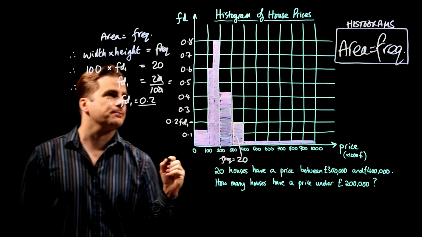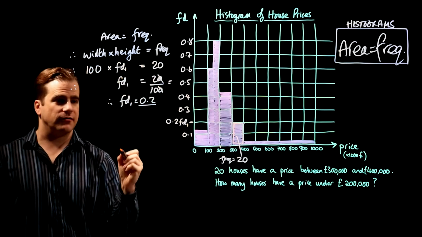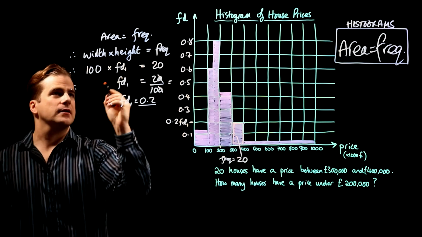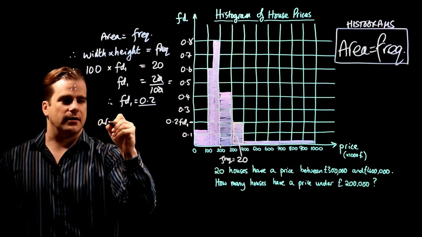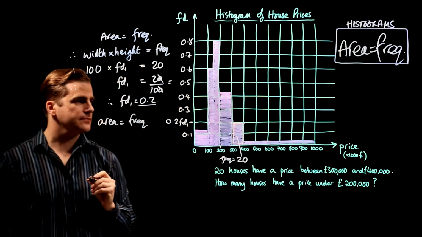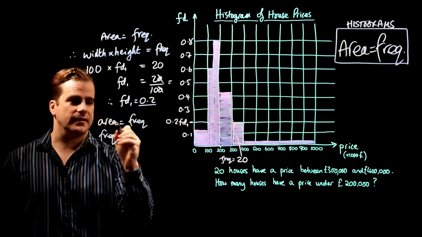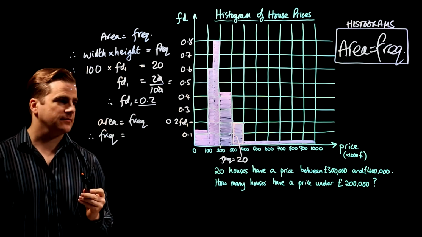So we're going to use area is frequency again. Area equals frequency. So therefore, frequency is the area, which is the width times height.